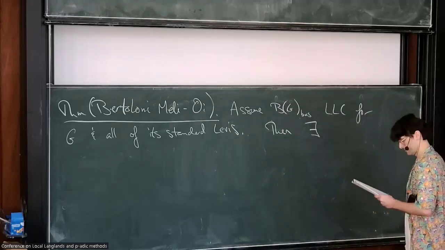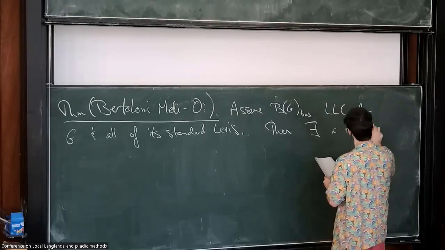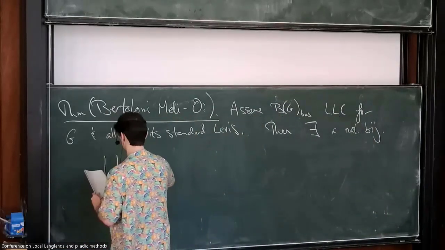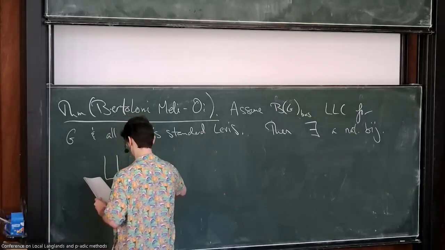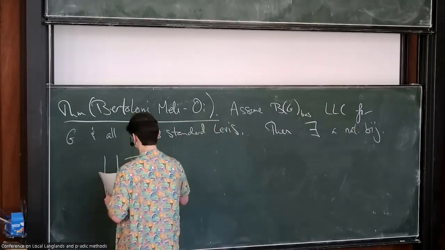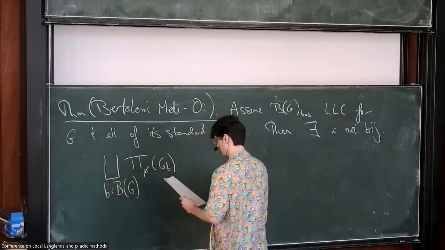Then you can construct from this a natural bijection from, on the one hand, the union over all B in B of G of a symbol, which I didn't actually define yet.